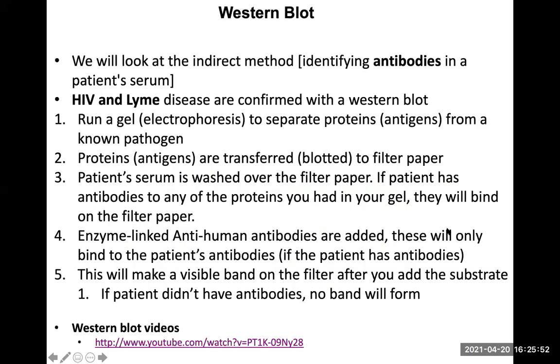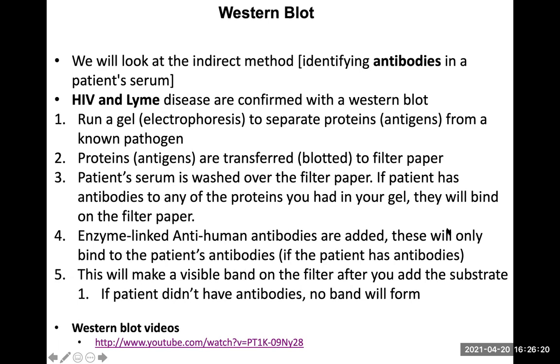Okay, Western blot is the last test that we'll look at, and it's perhaps the most complicated. It's commonly used to confirm HIV or Lyme disease infections. This can also be direct or indirect, whether you look for antibodies or antigen. Whenever you look for antigen, it's direct.